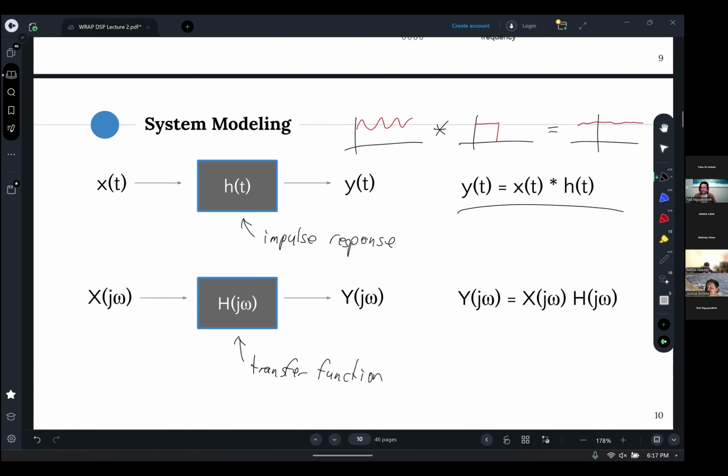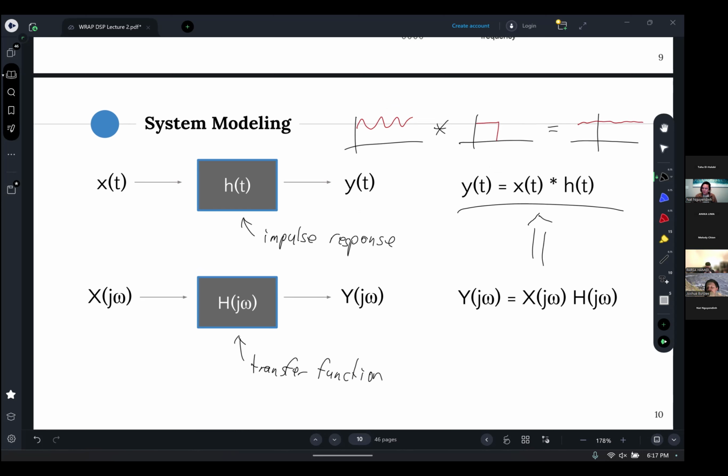And then, one property that we learn to know very well is that convolution in the time domain is going to be equivalent to multiplication in the frequency domain.